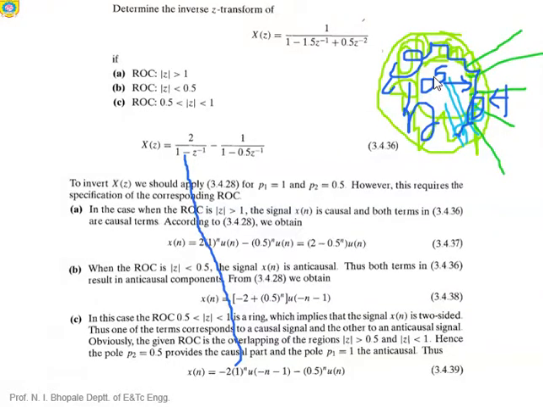For this to happen, we need to proceed with a slight variation. This variation will be minus 1 raised to n u of minus n minus 1, and the second case will be minus 0.5 raised to n u of n. So this will be the causal case and this will be the anti-causal case. Then only this third case will happen.